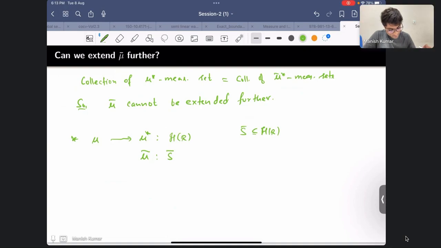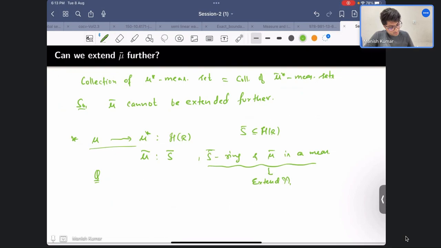Sir, my question is, we extend the mu bar. Now suppose you forget about this for the moment. Now this S bar is a ring, in fact it is a sigma algebra. So S bar is a ring and mu bar is a measure, right? Now my question is, can we extend this one?